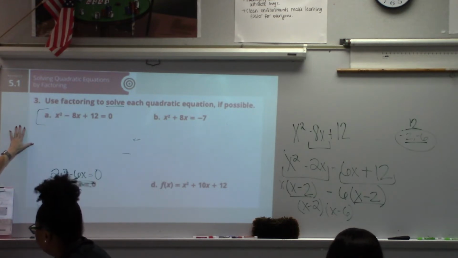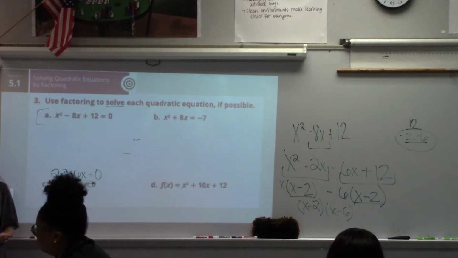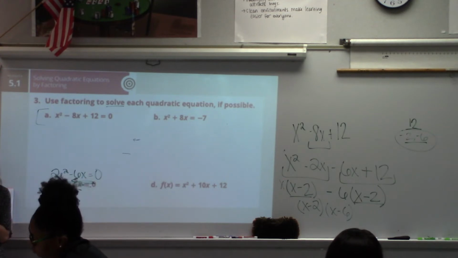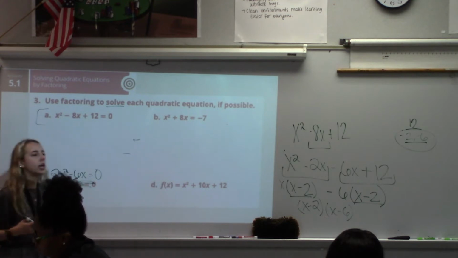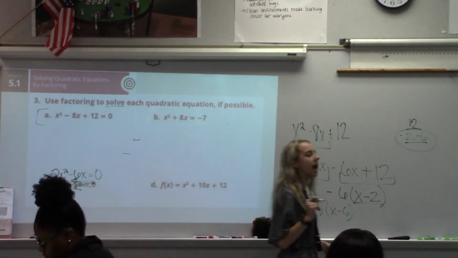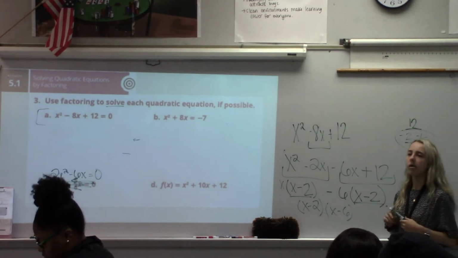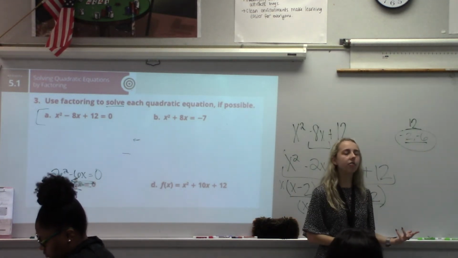So looking at A and B, do these look similar to ones we've looked at already? What's different between A and B? Right, so B is not equal to 0. So what do you think you're going to have to do before you can attempt to factor this quadratic? Okay, you're going to have to add 7 to make it equal to 0.